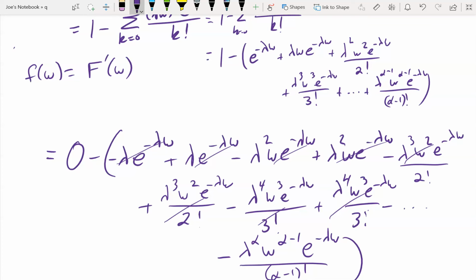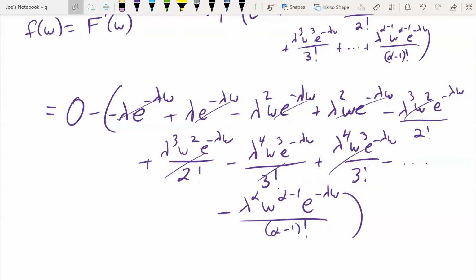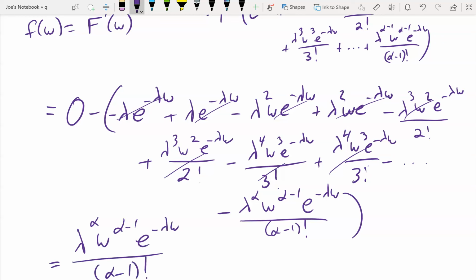Absolutely everything else cancels out. And notice I want this last term to be a minus, because what's sitting out in front of the parentheses? A minus, right? And our PDFs always have to be positive. So I get lambda to the alpha, w to the alpha minus 1, e to the minus lambda w over alpha minus 1 factorial.